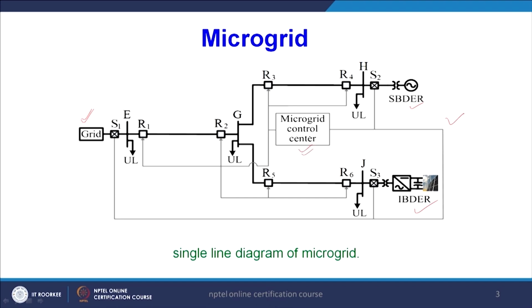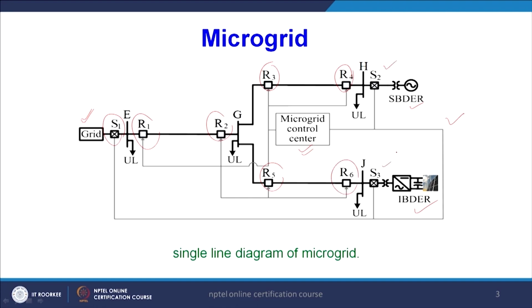This microgrid control center will receive information from all the switches, like S1, which is the switch or circuit breaker connecting the grid and the rest of the microgrid network. And here we have R1 and R2, next R3, R4, R5 and R6, and also S2 and S3.